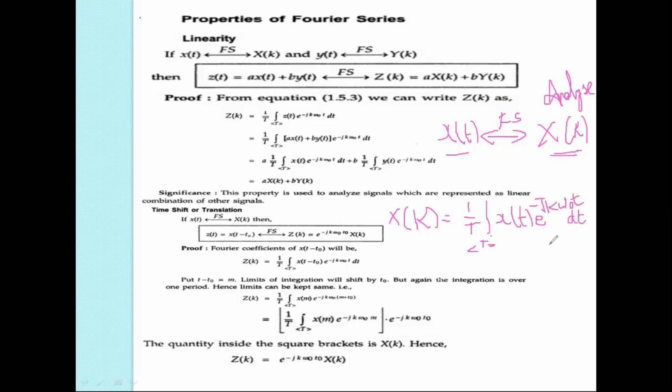The Fourier series coefficient X of k is equal to 1 by T integral over T x of t e power minus j k omega naught t dt. Using this relation, I have to prove the linearity property by taking z of t as an input function, and to get Z of k after applying the Fourier series for z of t. Follow me, my dear students. Now I will take the whiteboard and I will explain there.